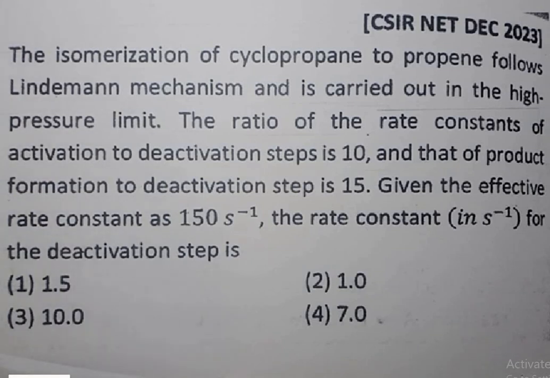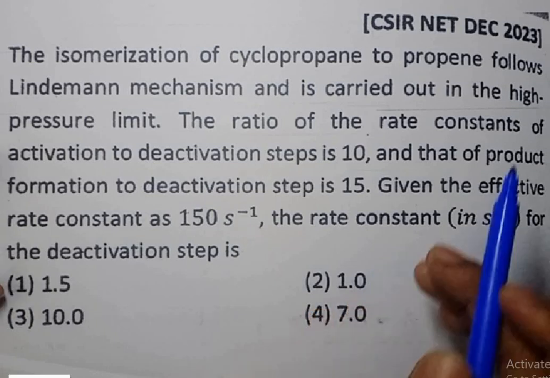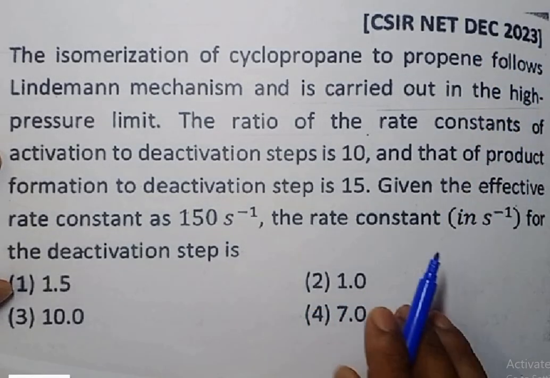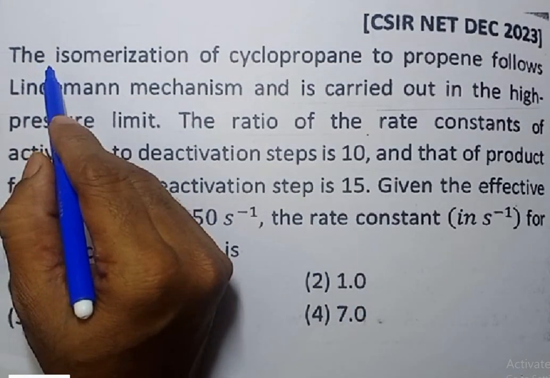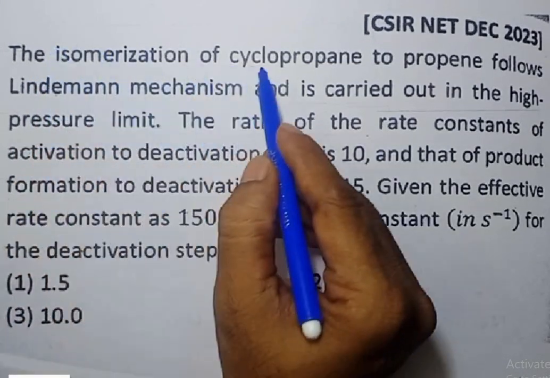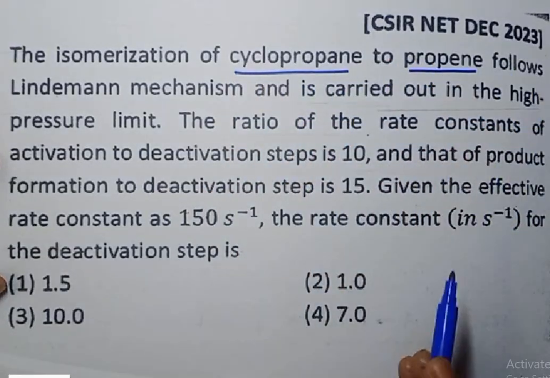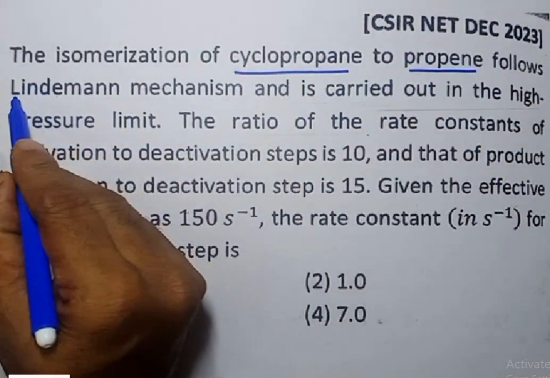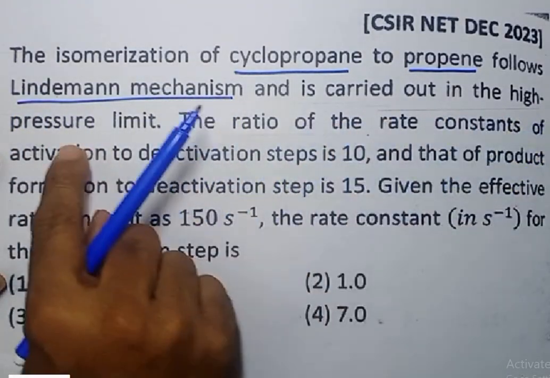Right, so this is question number 1. This question appeared in the December 2023 CSIR JRF-NET examination. The question is this: the isomerization of cyclopropane to cyclopropene follows the Lindemann mechanism and is carried out in the high pressure limit.